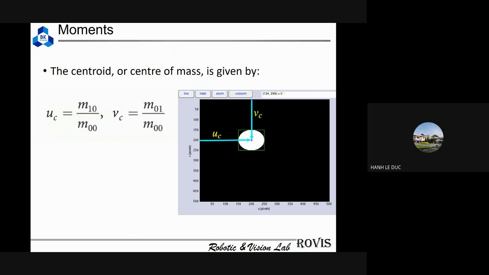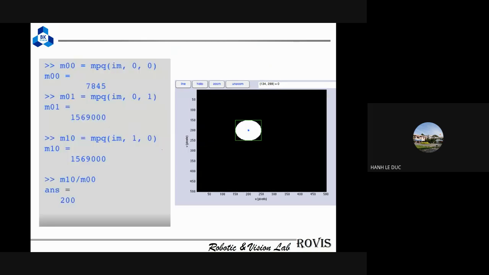Okay, example here. If we want to calculate the U and V centroid here, we apply this equation. By using MATLAB, they calculate that M01 is this number and M10 is this number, and then they use this number divided by this one.